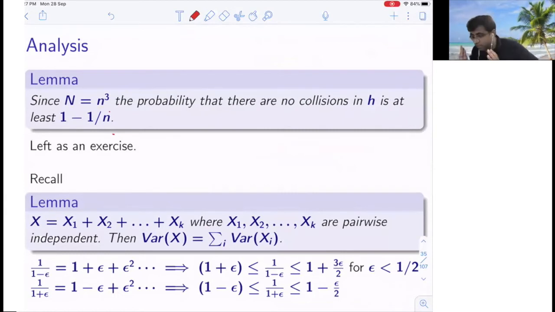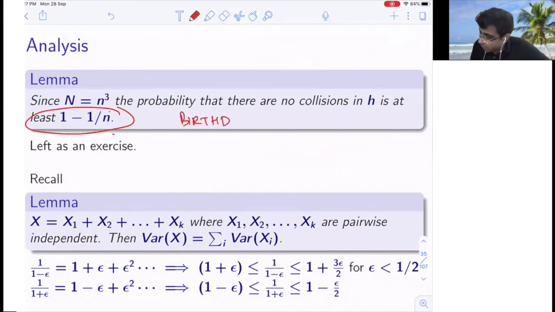So we will assume for a moment that we have no collision. Otherwise, you also have to take into account the probability of this. But it is like the birthday paradox. In fact, anything over n square would have been good to get a probability which is very close to 1.